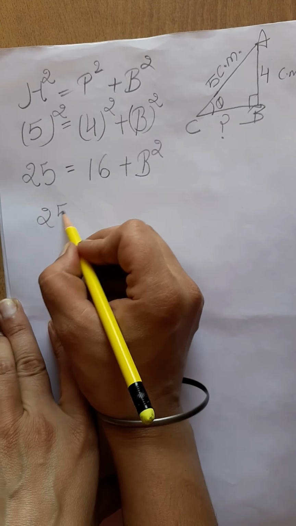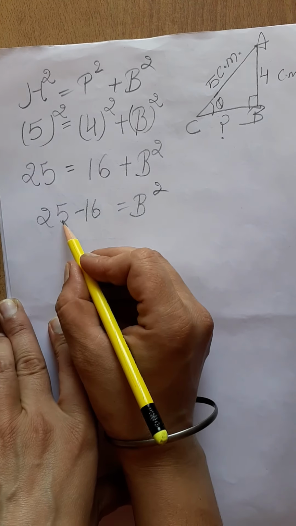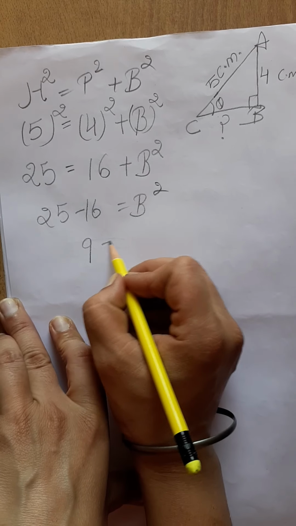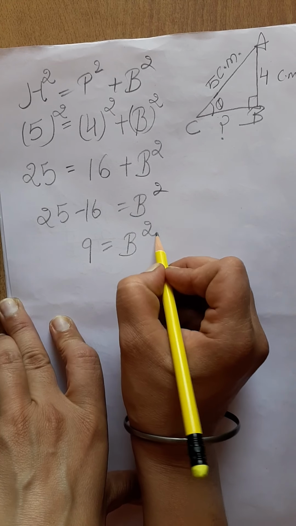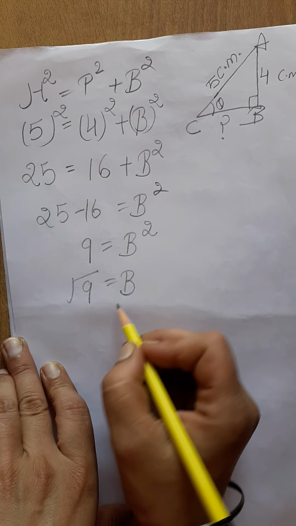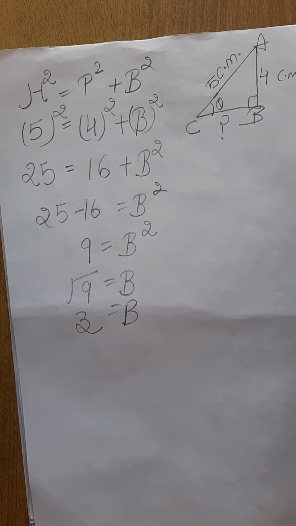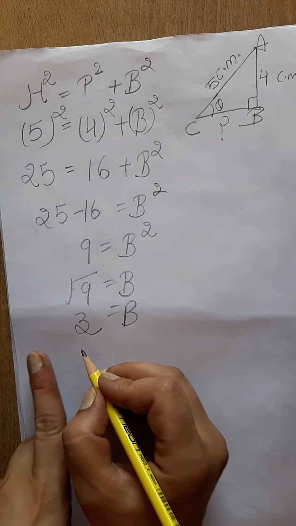After subtracting these two, 25 minus 16, we get 9 is equal to B square, and after removing the square, we get our answer 3. Means our base is 3.